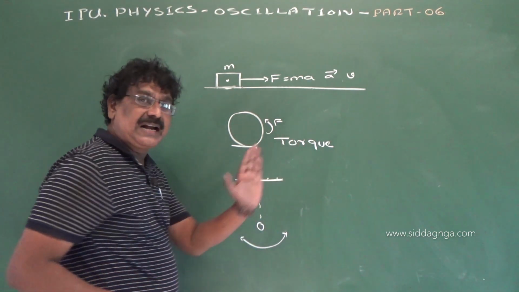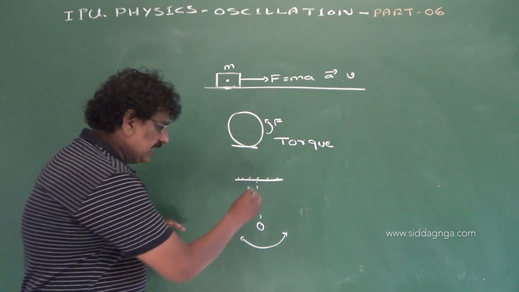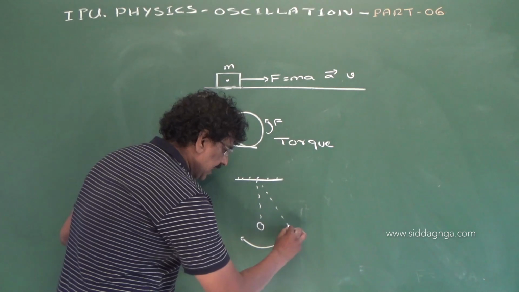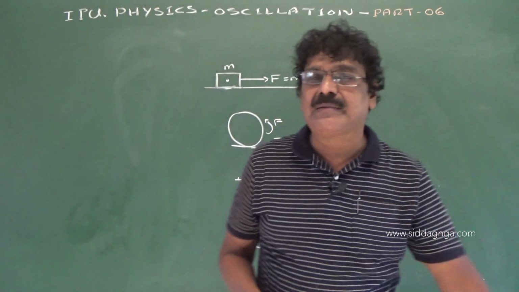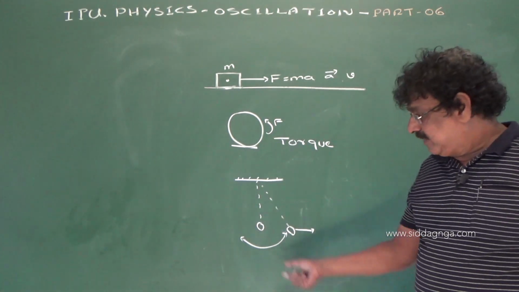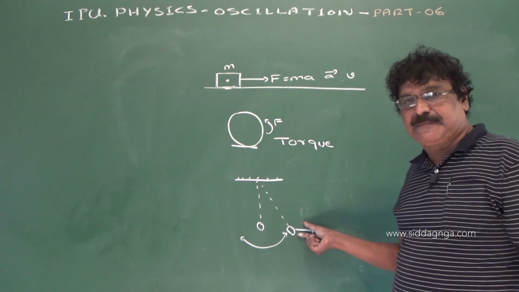If you apply the stand like this, or on the string, you just pull it aside to make the simple pendulum oscillate. Then you apply a force which is displacing.